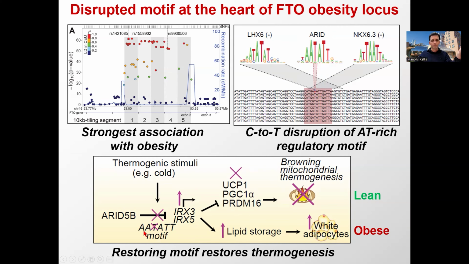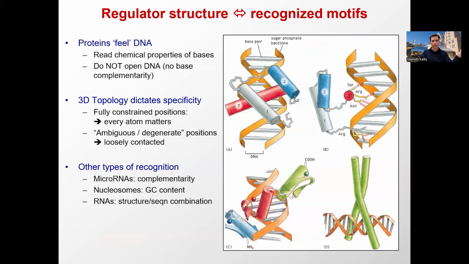By disrupting this motif, it no longer binds this repressor, leading to derepression of these genes, and then alteration of the core process of thermogenesis, of heat generation, that allows you to, instead of storing calories, burn calories. So homozygous individuals for a C disruption of this AT-rich motif can no longer burn calories. Everybody with me here? And then this was published in the New England Journal of Medicine back in 2015.